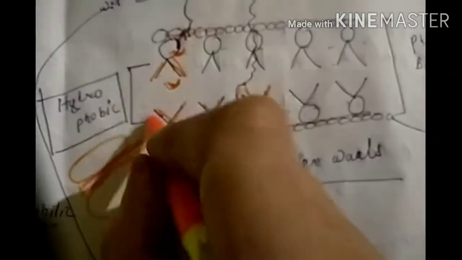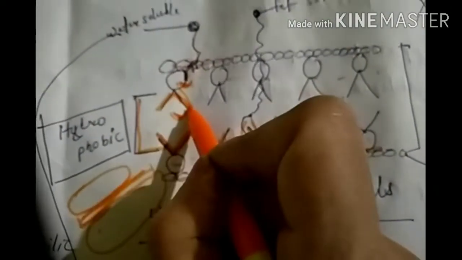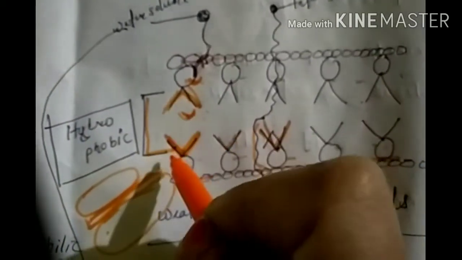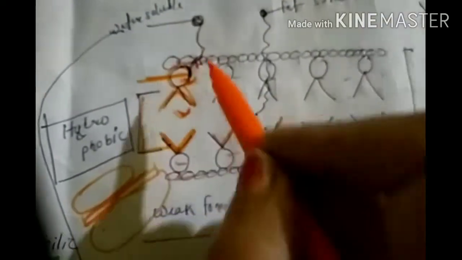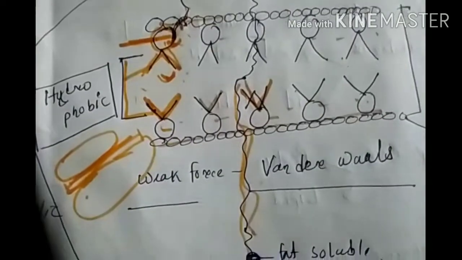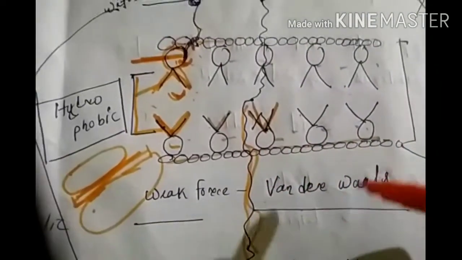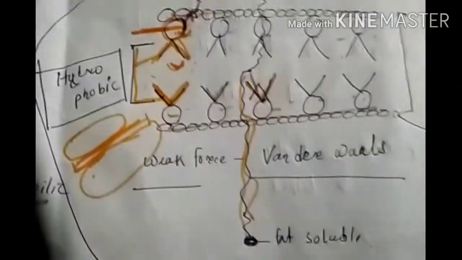Here, this substance is hydrophobic, right? The fatty acid end is hydrophobic, and this end is hydrophilic. It is hydrophilic, and this end is hydrophobic. As I mentioned earlier, there is a weak force in the lipid membrane. It is van der Waals forces. So a water molecule cannot pass through it.